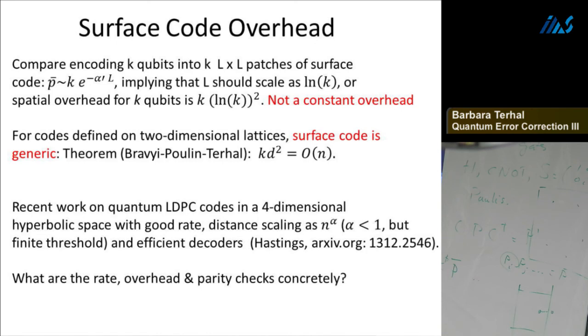We should not look for such codes on two-dimensional lattices. We should look for them in higher-dimensional spaces potentially. And there are some codes from recent research, which I think is quite interesting. They are what we would call quantum LDPC codes.